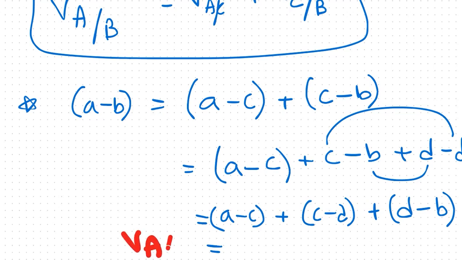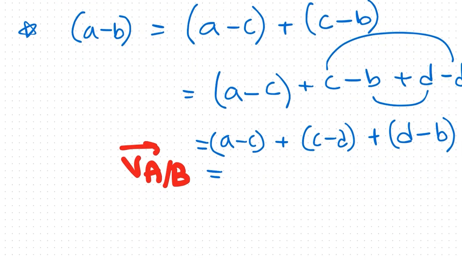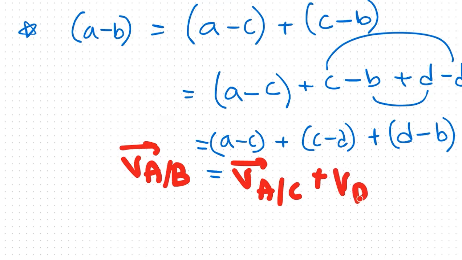So let's talk about relative motion. Vector VAB should be equal to, how do you write it like this? That would be V of A with respect to C, plus vector of C with respect to D. And then this plus, right?